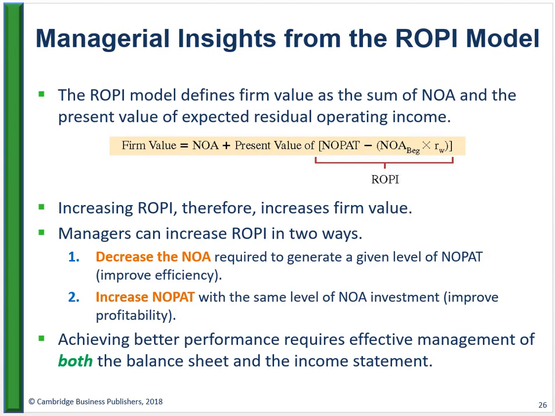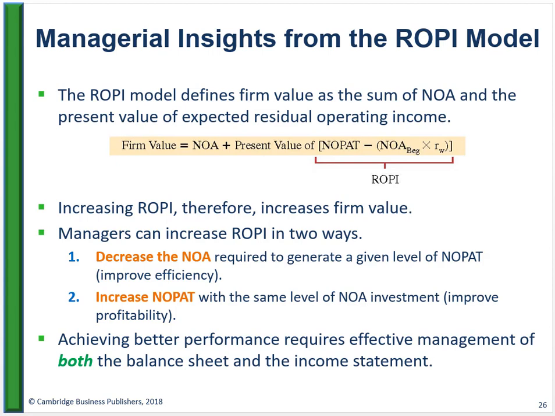So if we're familiar with the way that the ROPI model works, then we recognize that it ties firm value to net operating assets plus that residual operating profit, and managers can increase ROPI in one of two ways. We can decrease the net operating assets required to generate a given level of residual profit, or NOPAT, which is a matter of improving efficiencies inside of your firm.